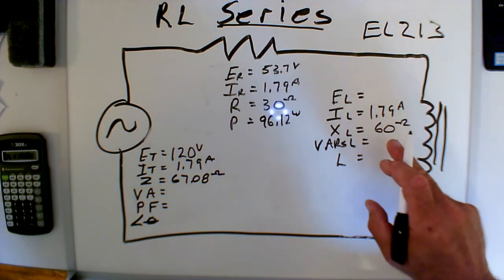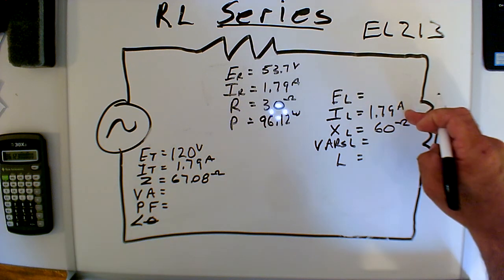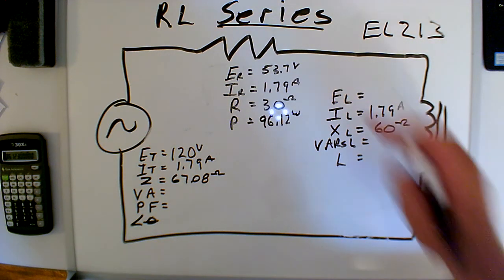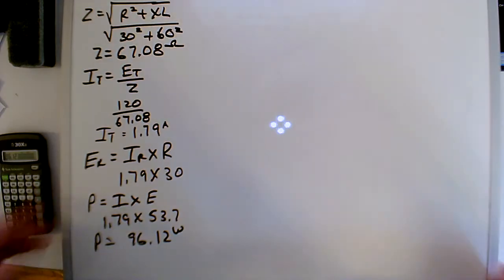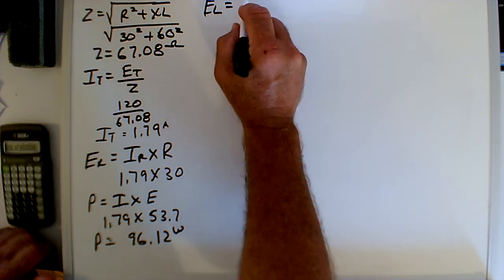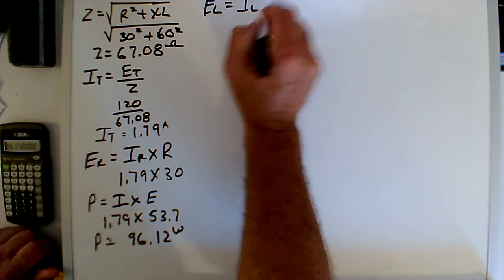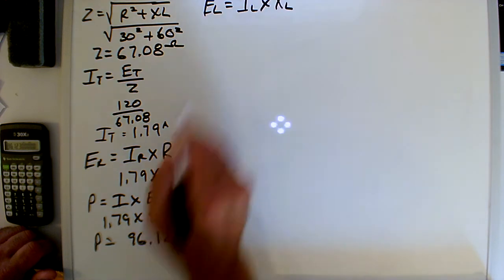And now that we have the inductive reactance of 60 ohms and the amperage through the inductor, we can figure out what EL is. What is the voltage drop across the inductor? EL is equal to IL times XL.